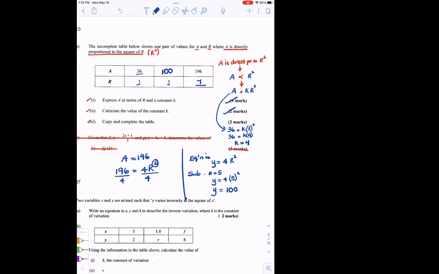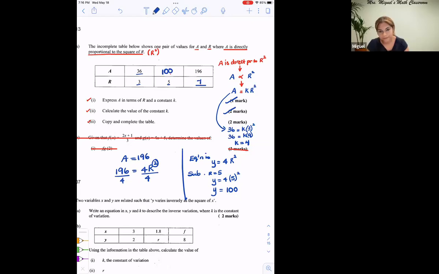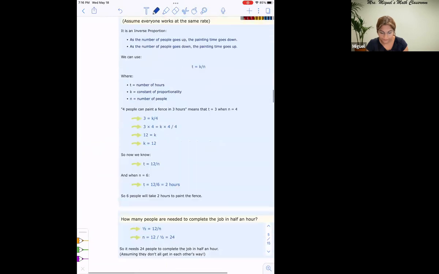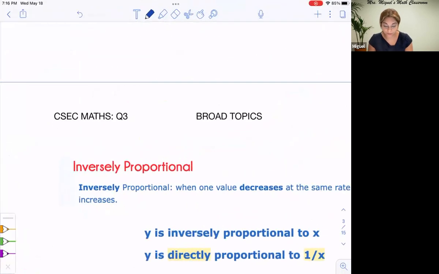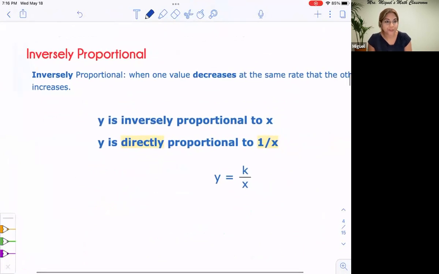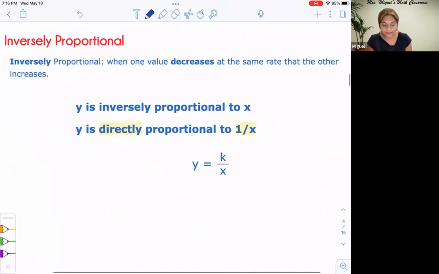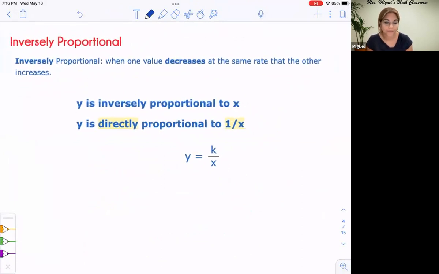All right. Is anyone still writing? So that was direct proportion. When one variable increases, the other variable also increases. Variation can also be inversely proportional. What does that mean?